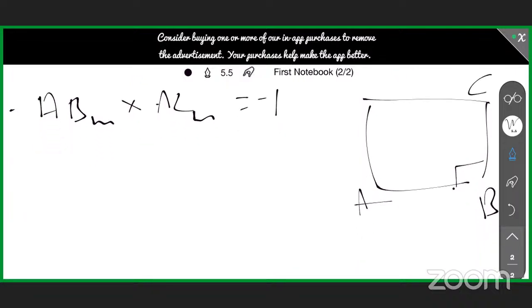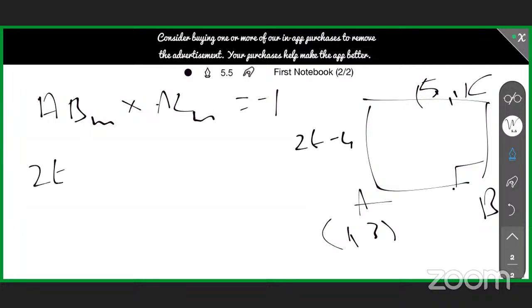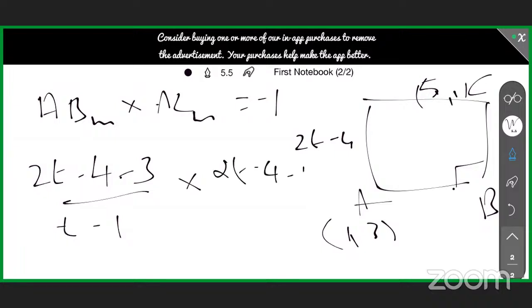Slope of AB is equal to how much? A is (1, 3), C is (5, 1). Y2 minus Y1, where Y2 is 2t minus 4: 2t minus 4 minus 3, all divided by t minus 1, into 2t minus 4 minus 1 divided by t minus 5, that is equal to minus 1.